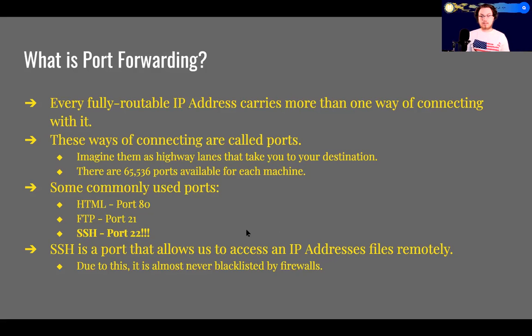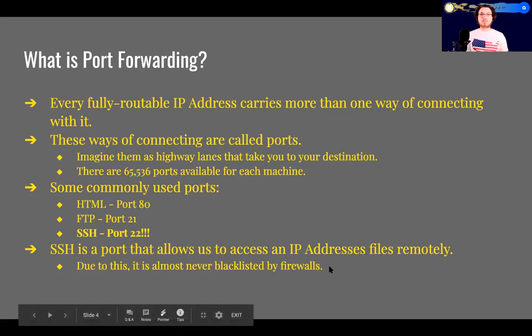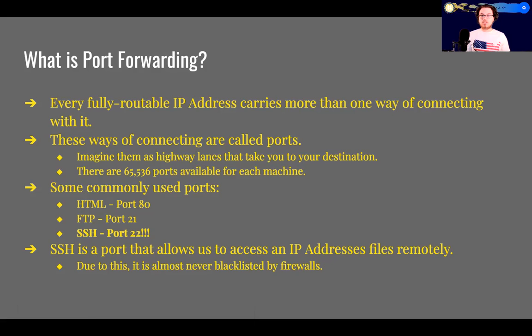Another quick note about SSH is that because this is used for remote access and a lot of professionals use this, it usually isn't blacklisted by a firewall. It's usually always available to use, even if everything else is disabled.